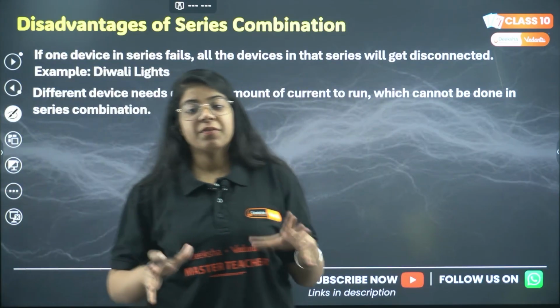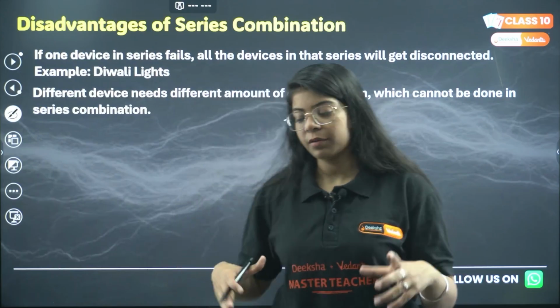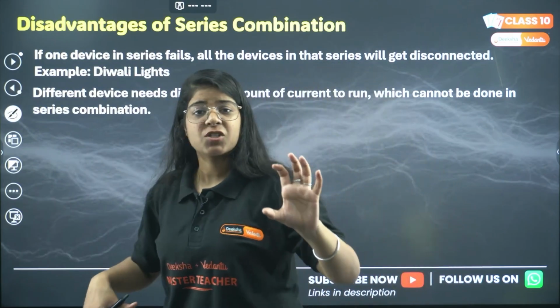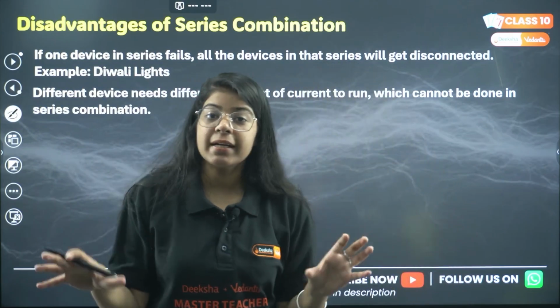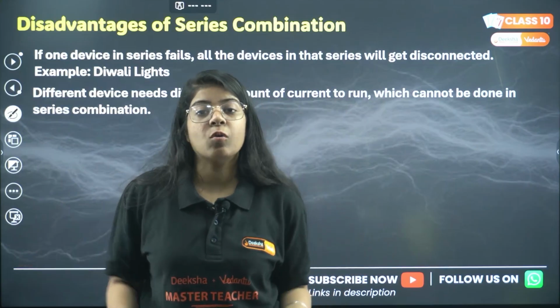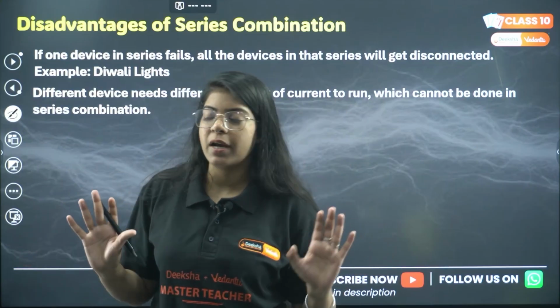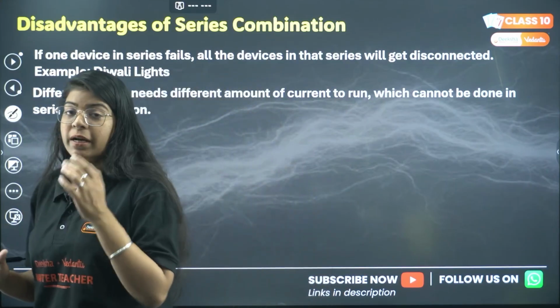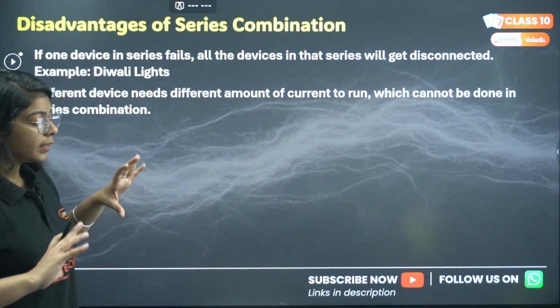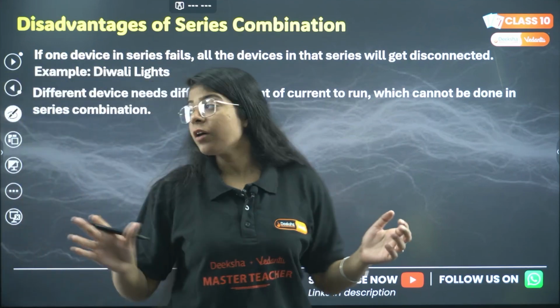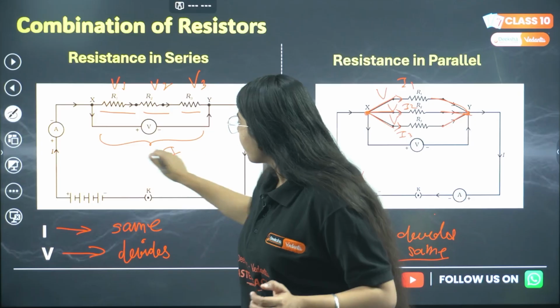Now, different devices in our household, my AC needs a different amount of current, my iron needs a different kind of current, and my mobile charger needs a different amount of current, right? So if they are connected in series, all of them will get the same amount of current.